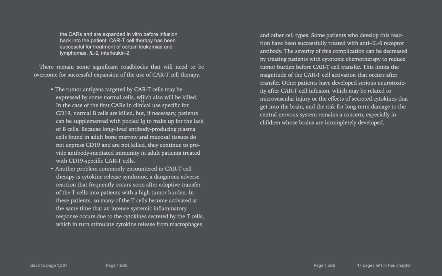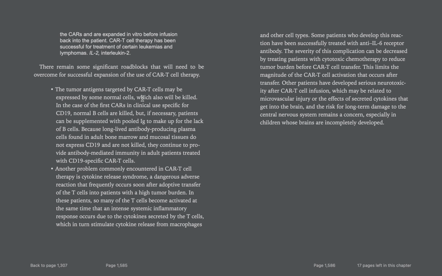In the case of the first CARs in clinical use, specific for CD19, normal B cells are killed, but if necessary, patients can be supplemented with pooled Ig to make up for the lack of B cells. Because long-lived antibody-producing plasma cells found in adult bone marrow and mucosa do not express CD19 and are not killed, they continue to provide antibody-mediated immunity in adult patients treated with CD19-specific CAR T cells.